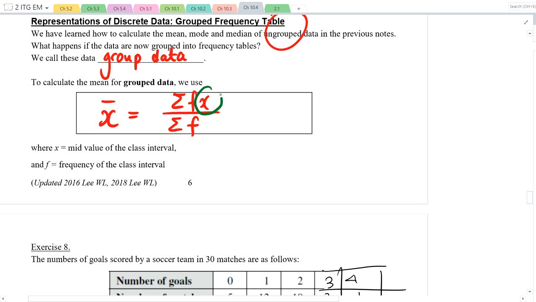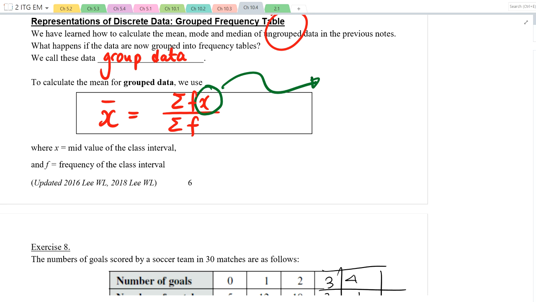So I need to write this down. This x over here, previously our x values were our actual scores, right? So if I have 3 people who got 10 marks, I'll be writing 3 times 10. If I have 5 people getting 20 marks, I'll be writing 5 times 20. f will be for the frequency, the number of times it happens, whereas x will be the data value.